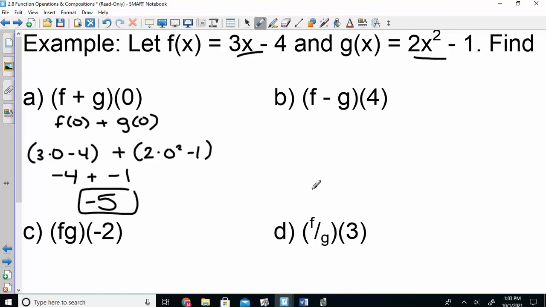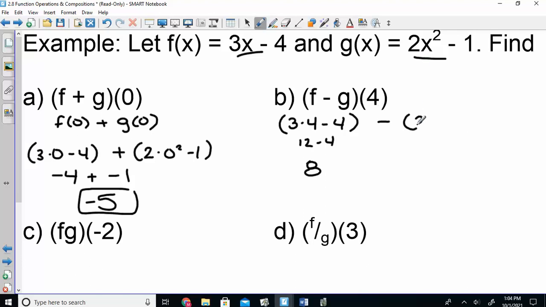All right, so f minus g of 4. What do I do? Plug a 4 into each of them and then subtract those answers. So if I plug a 4 into f, I get 12 minus 4, so that's 8, minus g of 4.